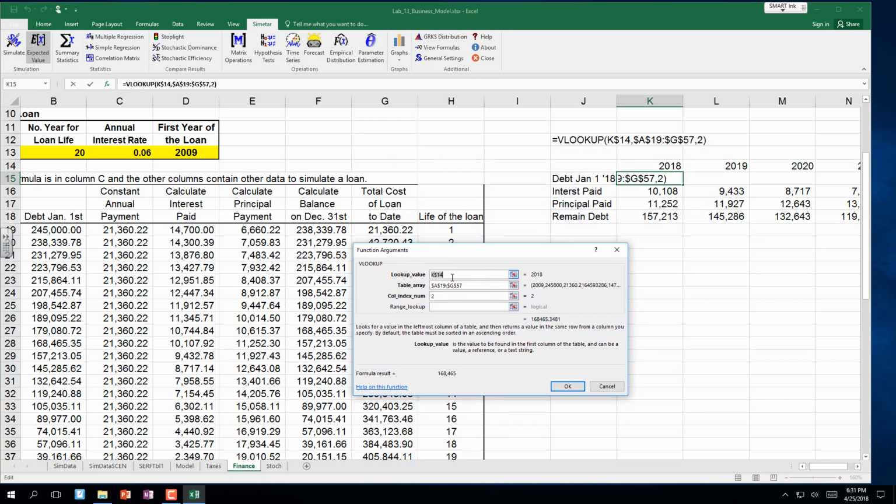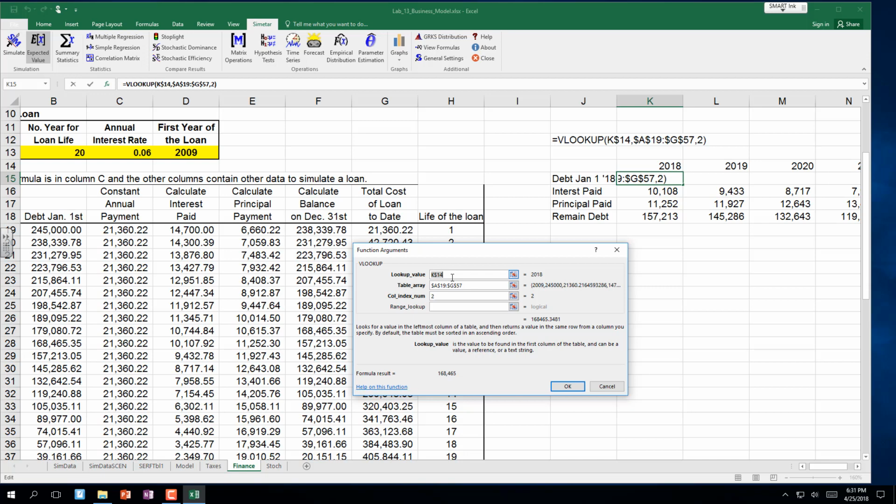It says, look up this value that's in this cell someplace inside this matrix here. So it's looking at K14, that number here, inside the matrix of A19 to G57, and it's going to look in column 2. That's what it's saying, okay?